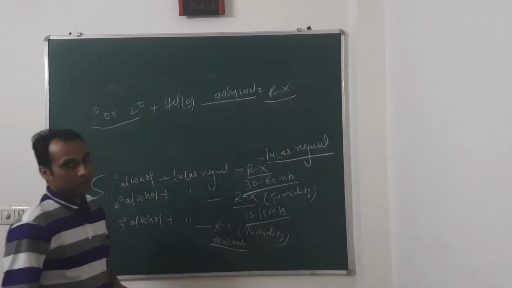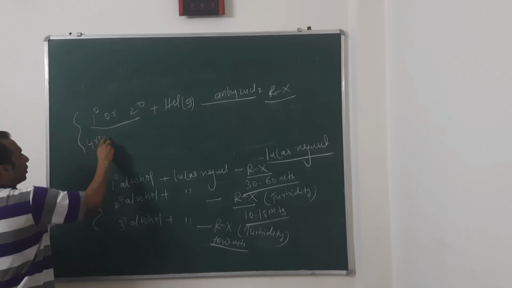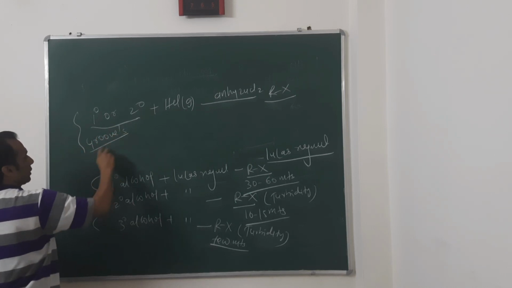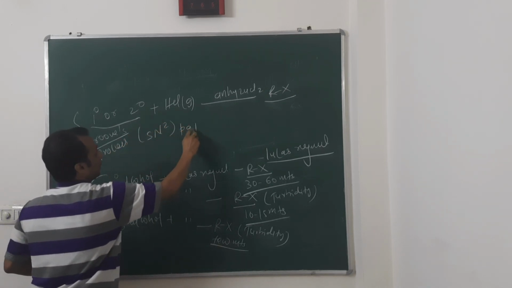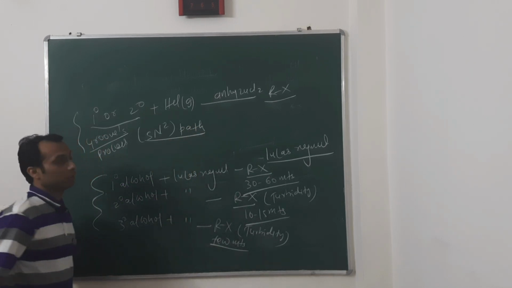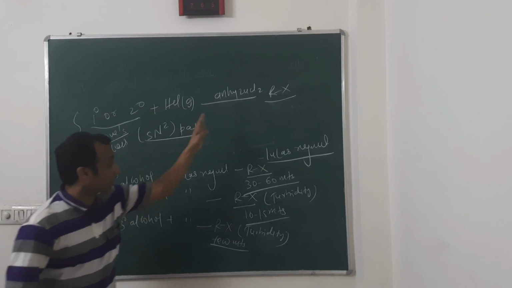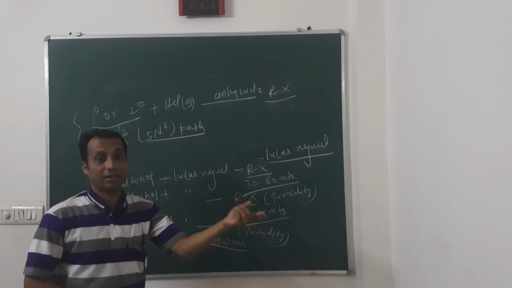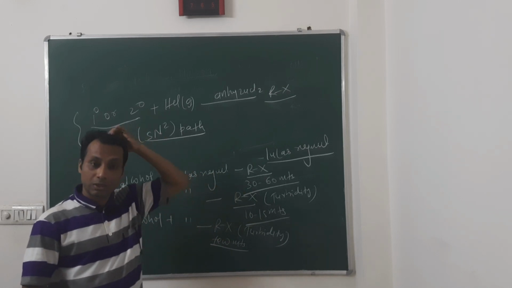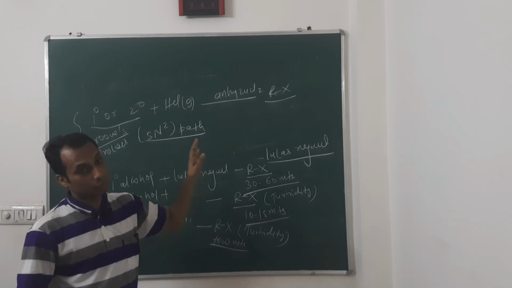Correct? This is called Groove's process, students. So Groove's process always follows the SN2 path. Keep in mind, Groove's process follows the SN2 path. 3 degree alcohols, without anhydrous zinc chloride, will directly form the alkyl halides. Right? So for 1 degree and 2 degree, Groove's process usually follows the SN2 path.